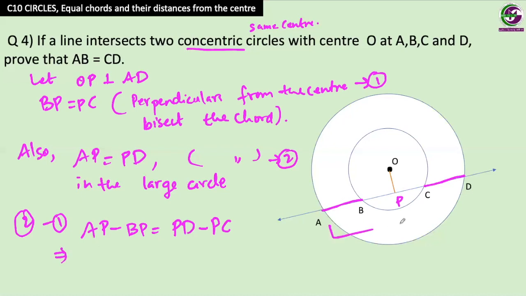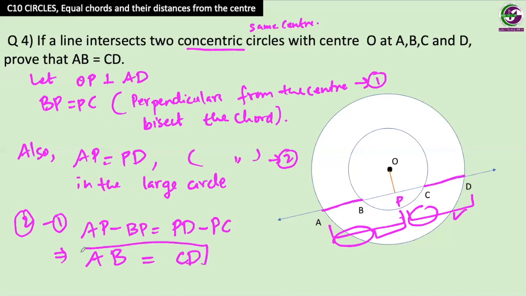AP minus BP, which means this part, which is AB, is equal to PD minus PC, which is this part, CD. That is what we have to prove.